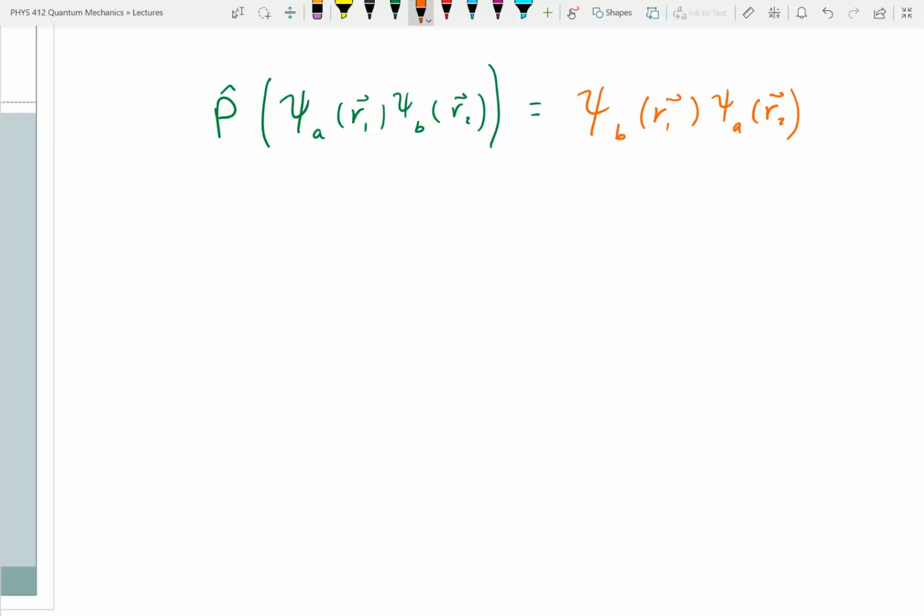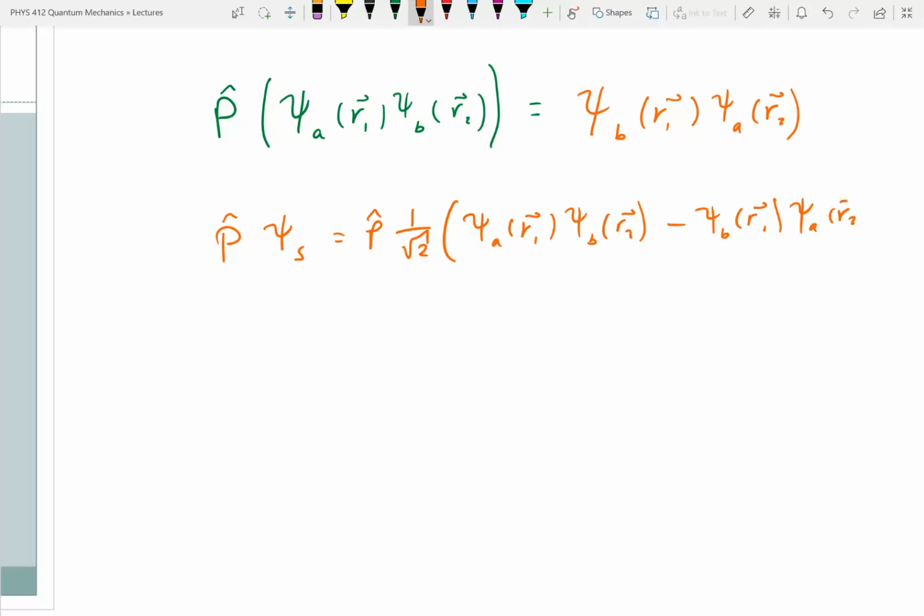Switched the particle: subscript 1 is now in state B instead of state A, and particle subscript 2 is now in state A instead of state B. So if I were to put that on my psi singlet state, so there I've written out the singlet state.